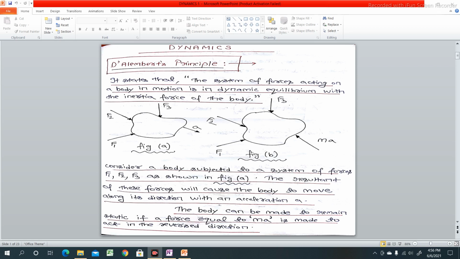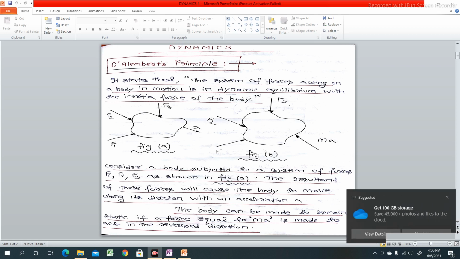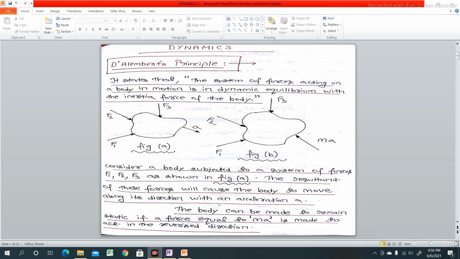We have defined what is a static and what is a dynamic, and then we classified dynamics further into two categories: one is known as kinematics and the second one is known as kinetics. Then we defined Dalembert's principle, and we saw that it comes in the category of kinetics.